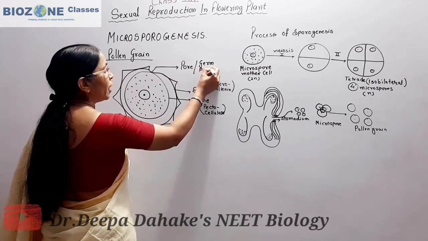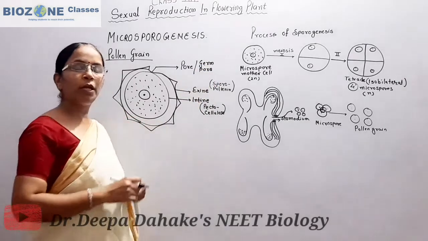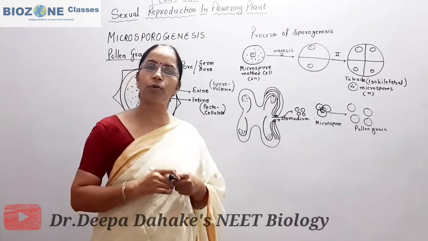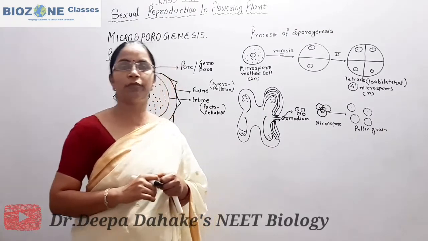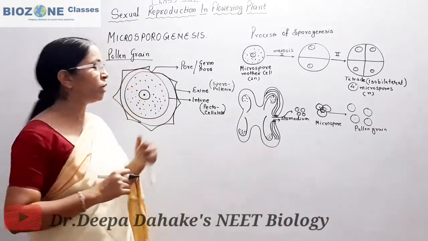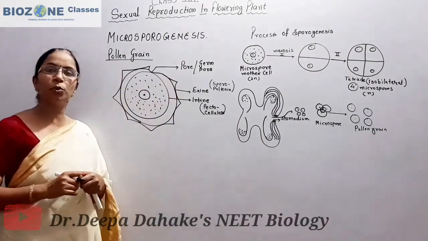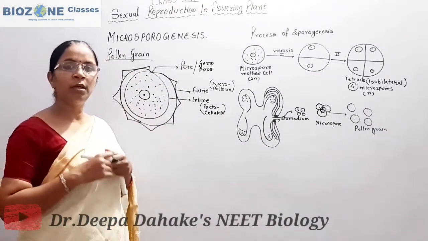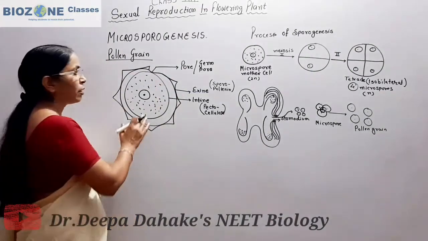These are the sites from where the pollen tube comes out, or where pollen germination begins. The pollen tubes always come out through the germ pores or germ apertures of the pollen grain.